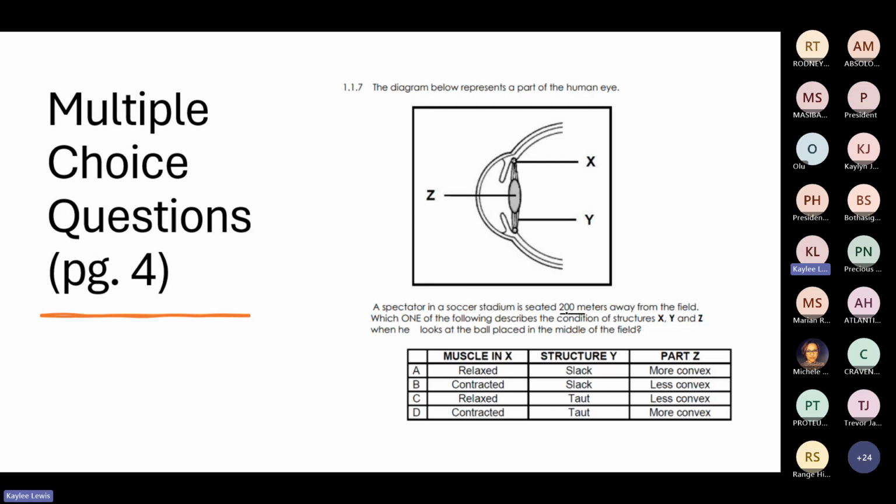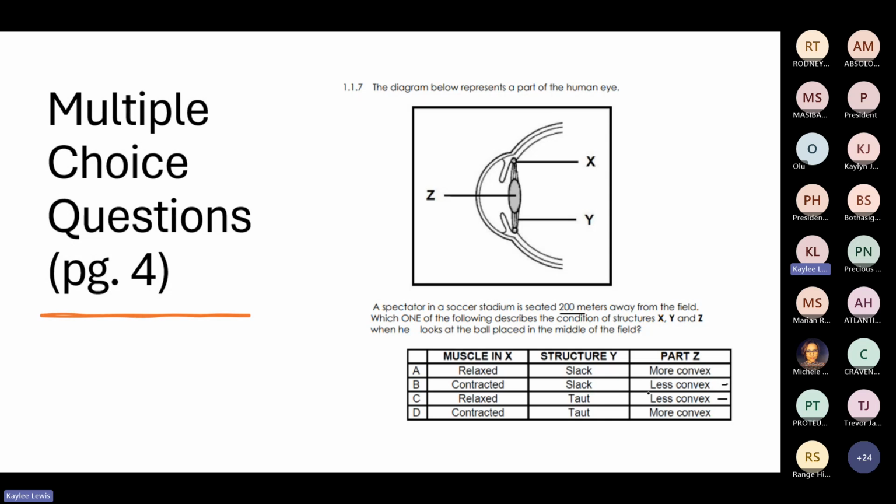So because it is far away, it's further than 6 meters, we know that my end result is going to be that my lens must become less convex. So then I start looking at my options, and option B and option C have it when my lens becomes less convex. That's the end goal of it. So less refraction of light takes place.